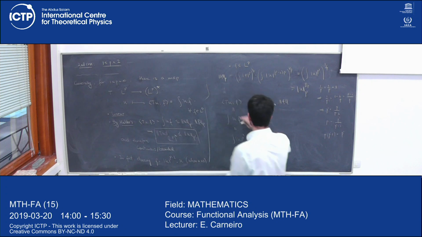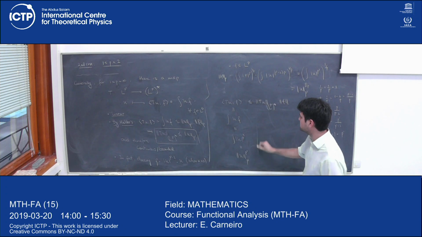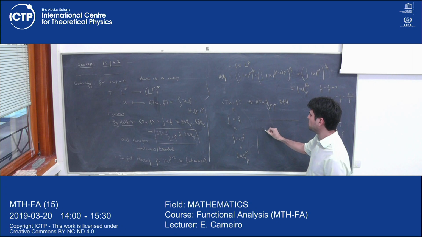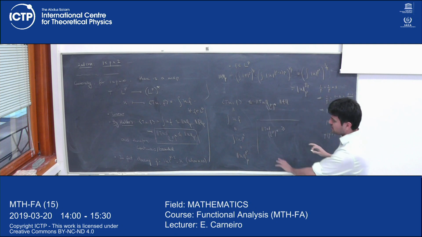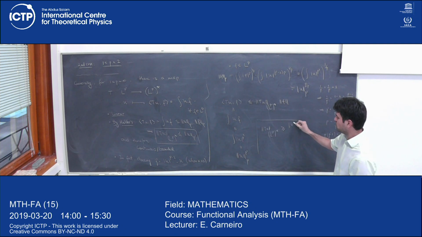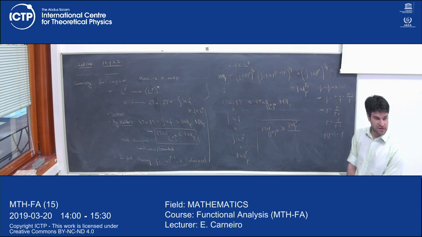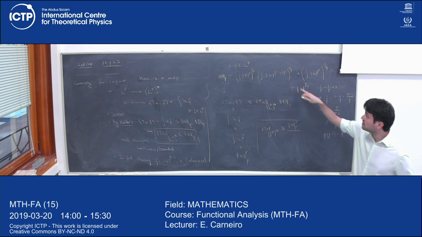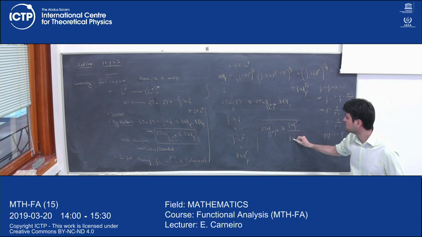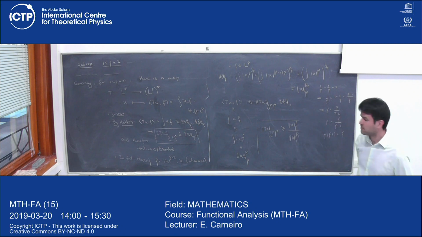Therefore, from this chain of inequalities, I conclude that the norm of T(u) in L^p dual is bigger or equal than the norm of u in L^p prime raised to p prime, divided by the L^p norm of f. The norm of f we just calculated is the norm of u raised to p prime over p.